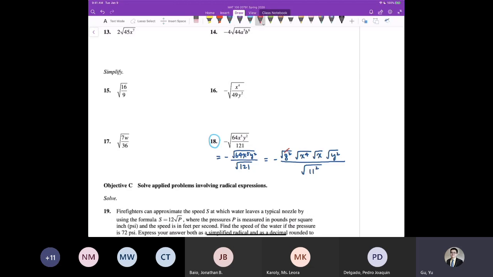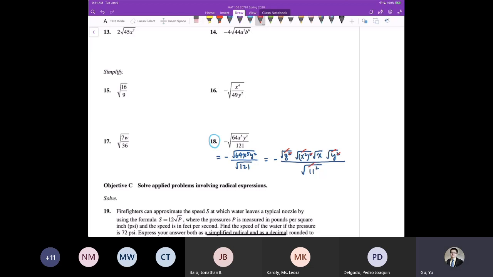First part, square root and the square. Second part, x to the 4th, you simply divide it by 2, or actually I can rewrite that as x squared squared, so it's easy for you to see. So you could also cross out the square root and the square. The next one, radical x, we cannot cross out anything because x is not a perfect square. Last one, y squared, you cross out the squares.